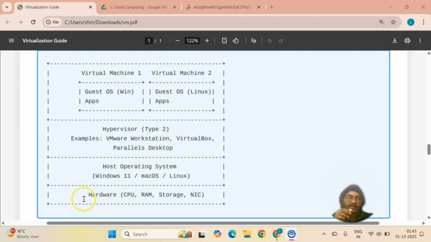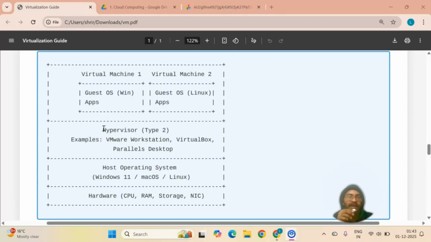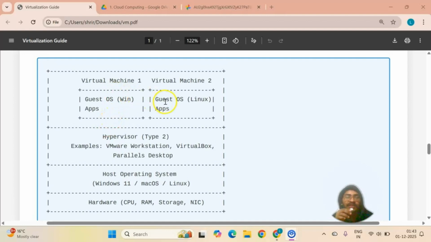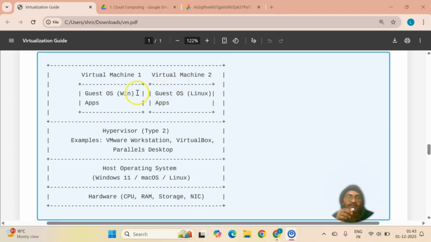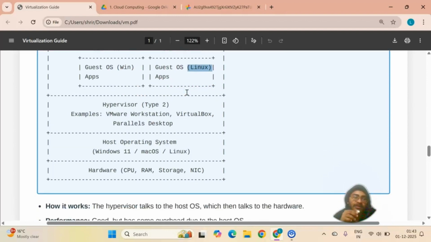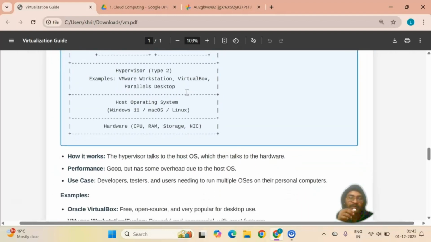Here we have hardware and we have an installed operating system on this hardware, and the hypervisor is installed on this type of system and then it creates virtual machines like virtual machine 1, virtual machine 2, and in these virtual machines we can run any type of operating system, like Windows running on VM1 and Linux running on VM2. So this is the architecture of type 2 hypervisor.